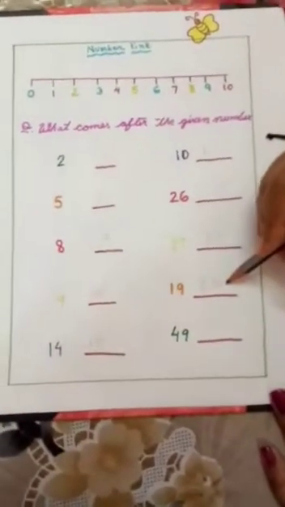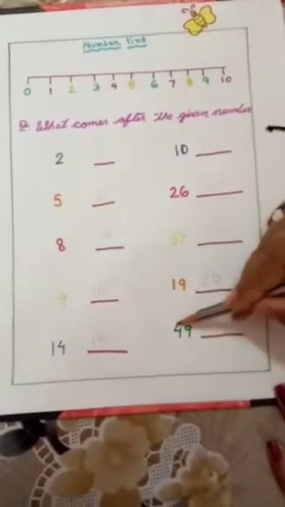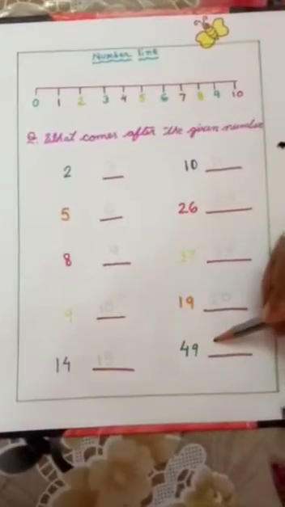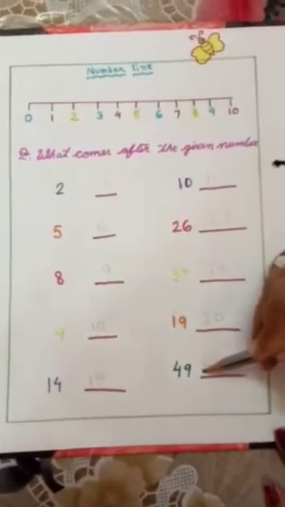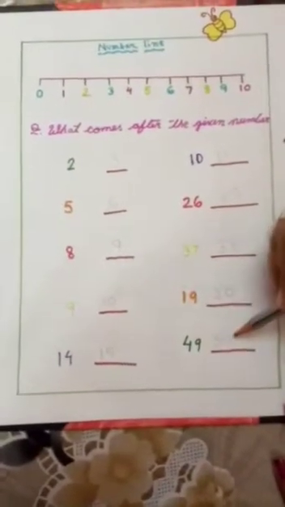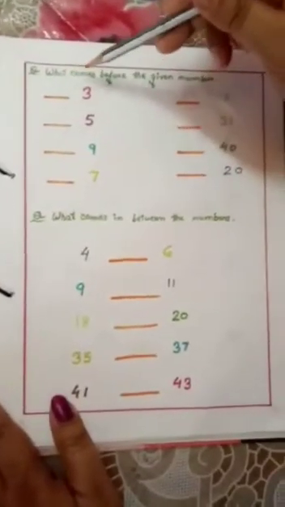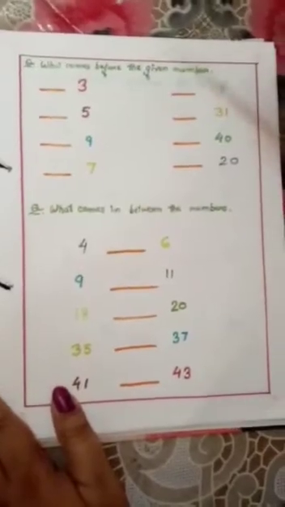So after 19 comes 20. Similarly next one also 49. 4 will change to 5 and 9 will change to 0. After 49 comes 50. So now we will do what comes before the given number.